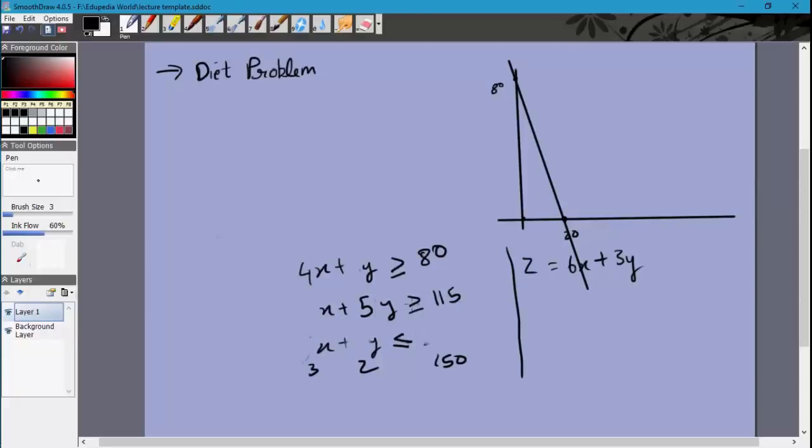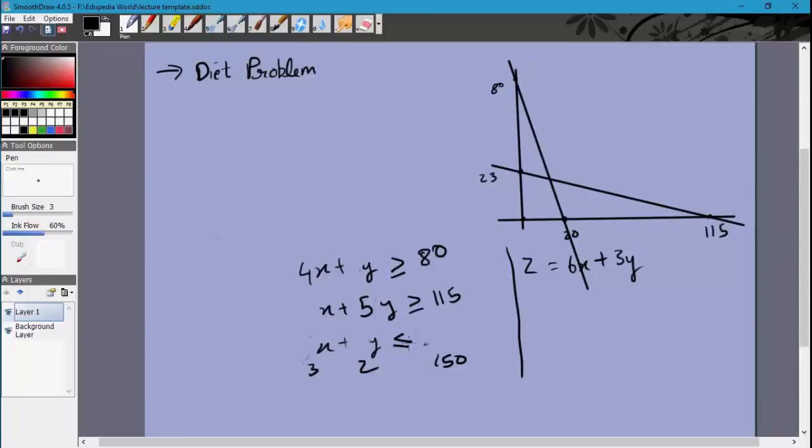Now x plus 5y greater than or equal to 115: when y is 0, x is 115, and when x is 0, y is 115 divided by 5, that would be 23. So let's say this is 23. So this is the other point. And once again, it has to be greater than 115, so we need the right hand side of this line as well. So this is the region which we are looking at right now.